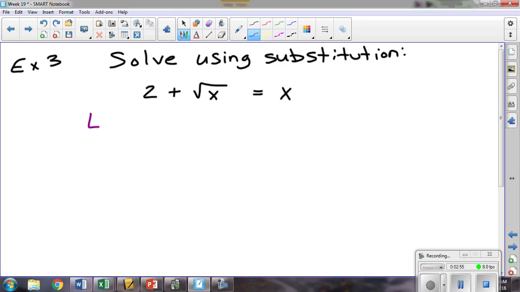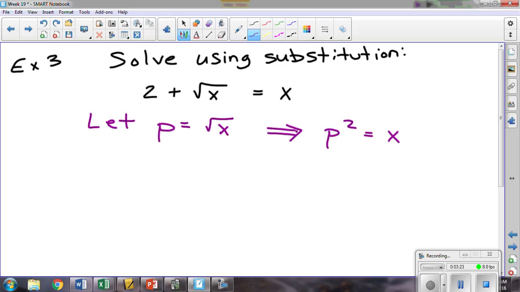One thing we could do is a change of variables. Well, what's your favorite dummy variable? Give me a letter. P. All right. We're going to let P be equal to the square root of x. Please notice then that tells us P squared is equal to x.